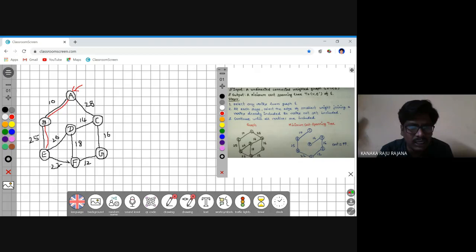So from E you can go towards D, or from E you can go towards F. But here in Prim's algorithm, the minimum cost for these two weights across D and across F, we found is 22. Therefore, from E it has traveled towards F. Is this clear? This is the most important point while framing your Prim's algorithm.